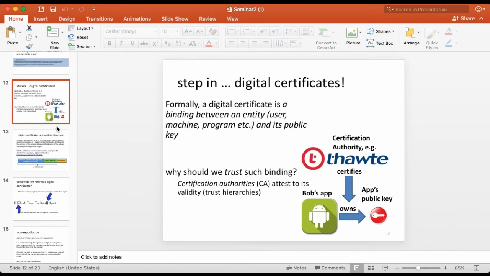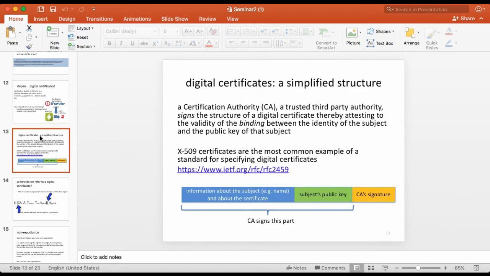Now, in order for us to do that, we bring in something called certification authorities, or CAs, and CAs will issue these digital certificates to basically bind users or machines or programs to their public keys. Right, so a digital certificate in the most simple form consists of three categories of information.